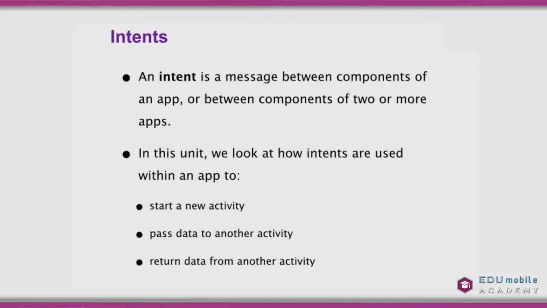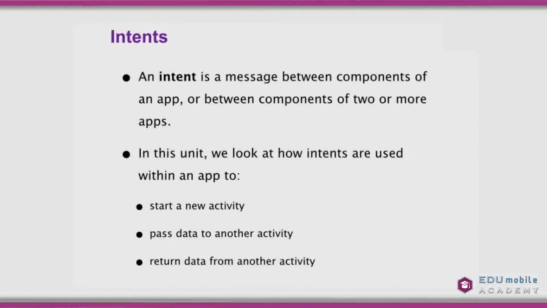First of all, what is an intent? An intent is a message, that's all it is, between components of an application or potentially between components of two or more applications. But in this unit, again, we look at how intents are used within an app to first start a new activity, pass data to another activity, or return data from another activity.